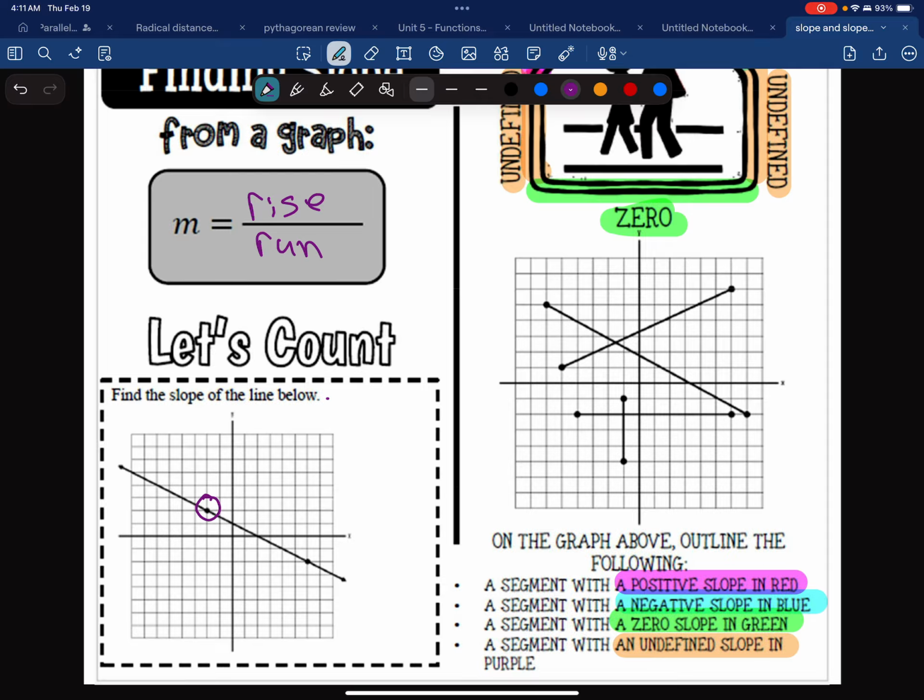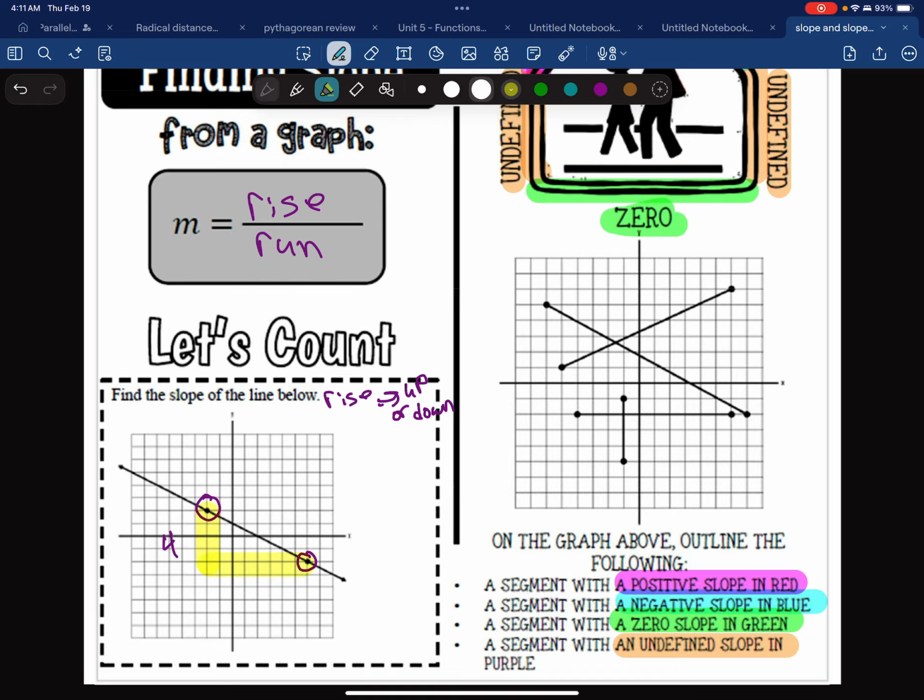Because we know that rise is up or down. If I go up, I don't see anything. If I go down, oh, there's my other point. So I need to go down 4: 1, 2, 3, 4. And then I need to go over 8: 1, 2, 3, 4, 5, 6, 7, 8.